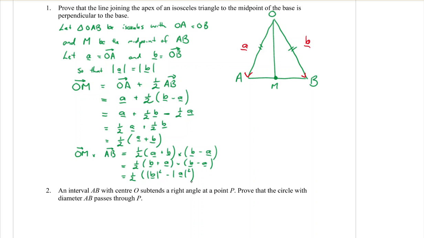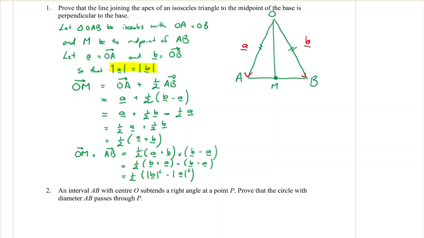But remember, way up here, that the length of A is equal to the length of B. So instead of having length of B squared minus length of A squared, I'm really just subtracting the same thing from itself. And that in that bracket would just be equal to 0.